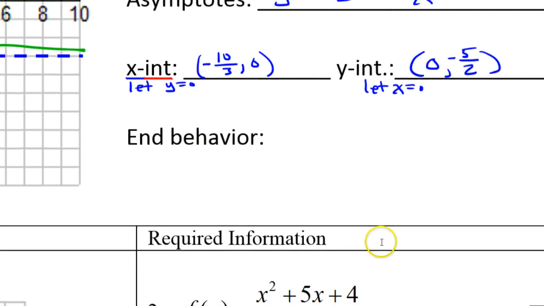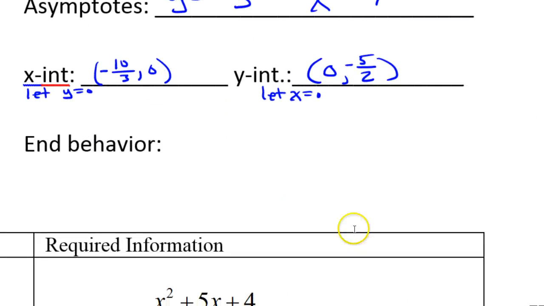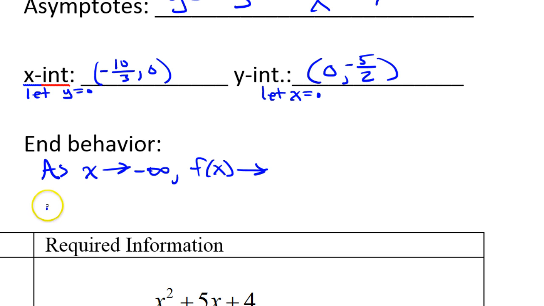Now the end behavior. End behavior always starts off the same way. As x approaches negative infinity, the function approaches, and as x approaches positive infinity, the function approaches.